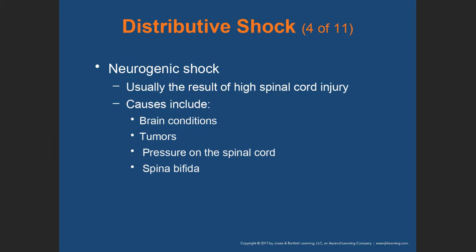Now, if the blood vessels are not being stimulated, they are going to open up completely. So you start to get widespread vasodilation in the peripheral areas of the body and the core areas of the body.